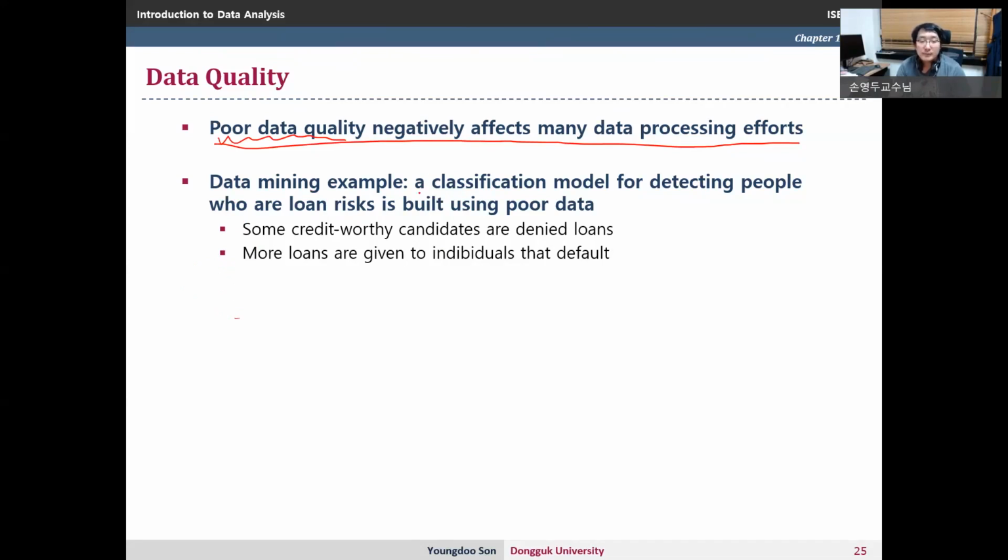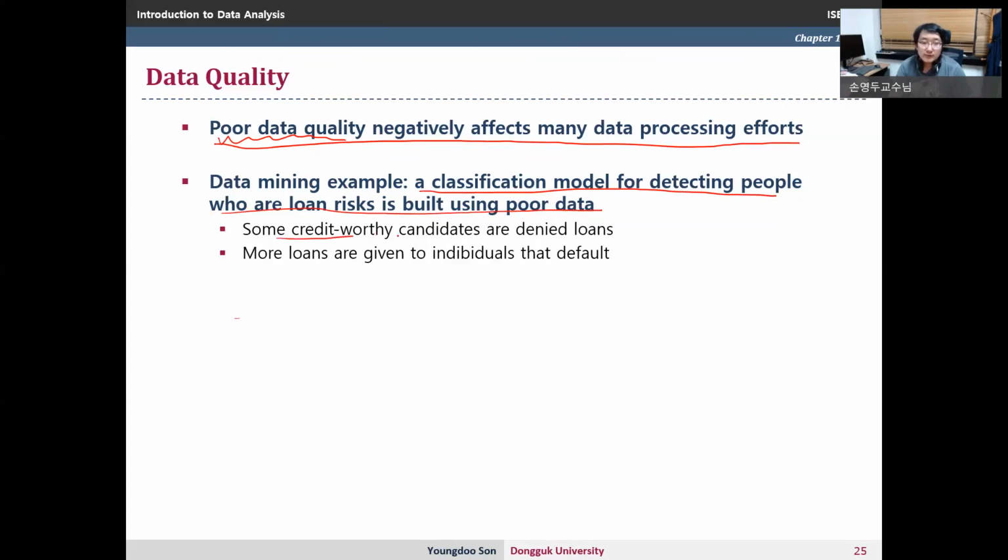So here, for example, a classification model for detecting people who are low risks is built using poor data. Then if the data quality is poor, this model is made with very poor performance.